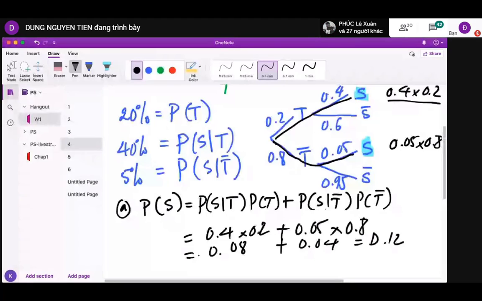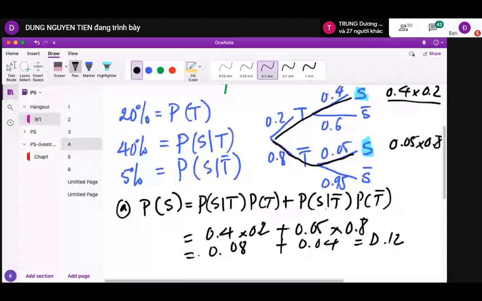I want to find the conditional probability of T given S. It means that we know S already occurs, and you want to find the probability of T.